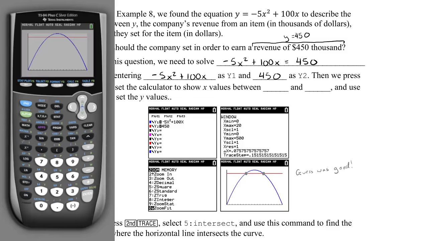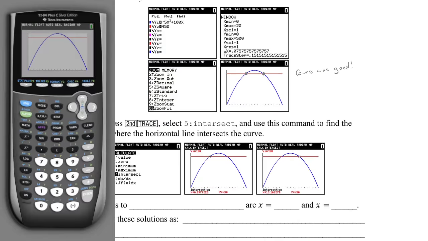Okay, to find those points of intersection, I'm going to run intersect twice. So second calc, choose intersect. First curve, just hit enter. Second curve, just hit enter. Guess. I'm going to go close to the point of intersection on the left.